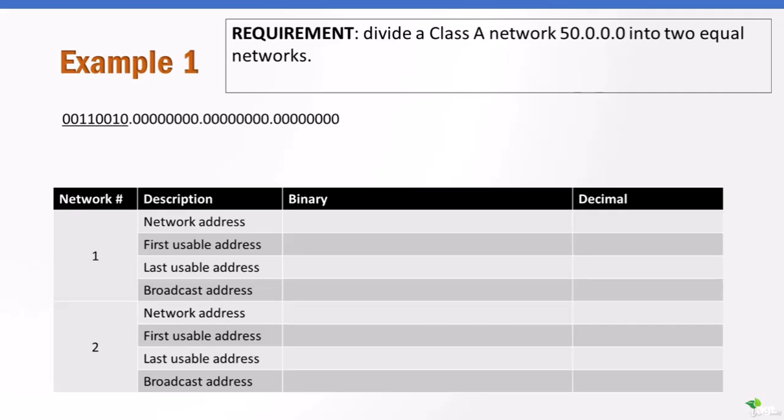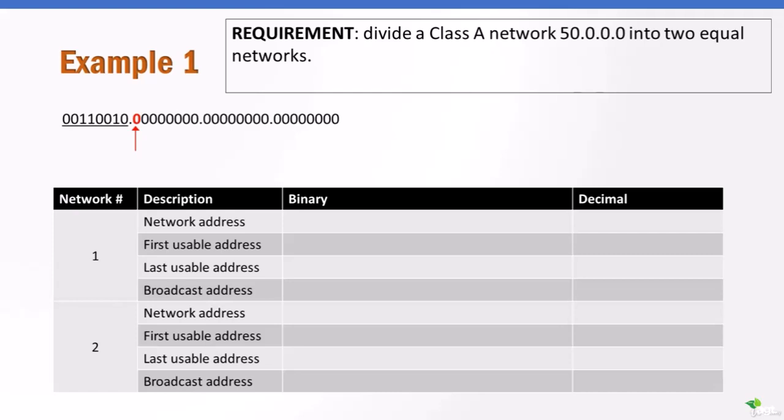The first 8 bits in this IP address are going to be the network portion. And we know that because all Class A networks are /8 networks. Now, in order to divide this network, we're going to use the first bit after the network portion. We're going to take this bit and join it into the existing 8 bits.